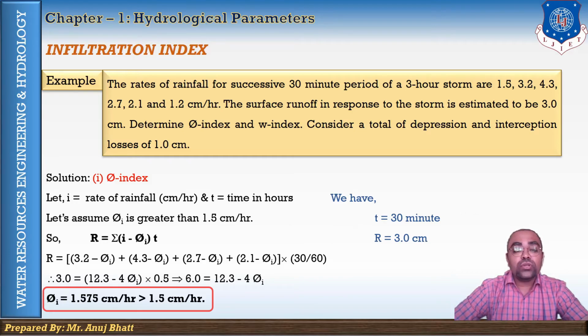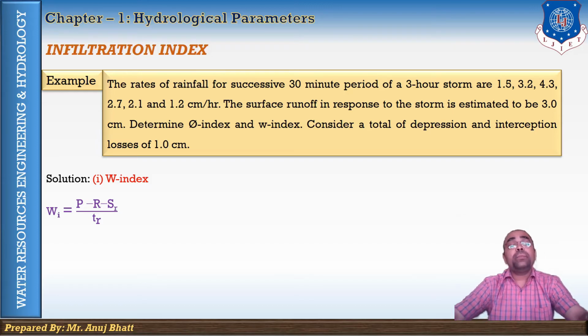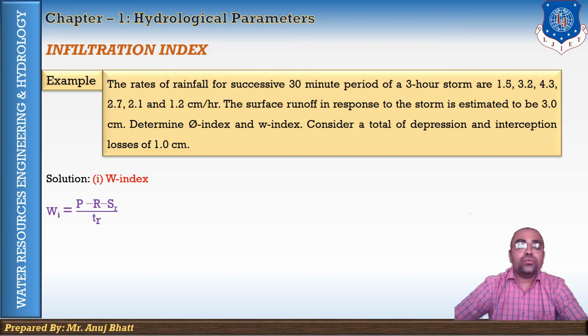Now let's move on to the W index. Well, for the W index we have a formula: W index is equal to (P minus R minus SR) upon TR. Here P is the precipitation, and precipitation should always be in centimeter. Here we do not have precipitation directly, so from the rate of rainfall we have to determine the precipitation value.